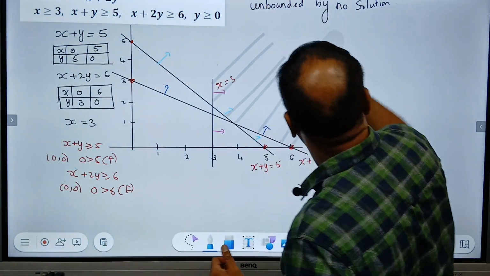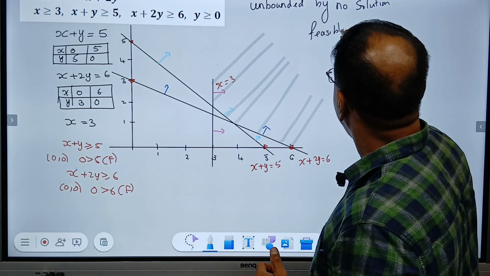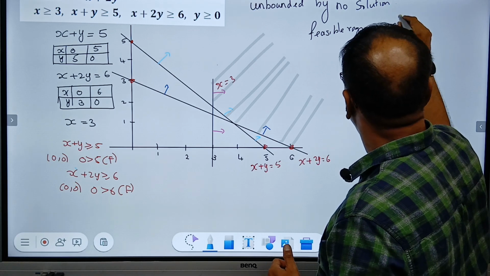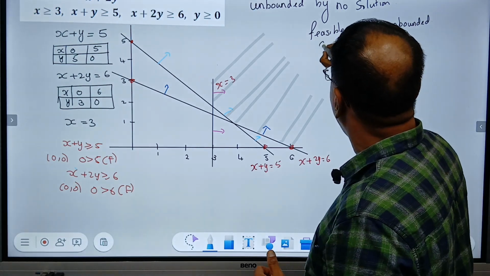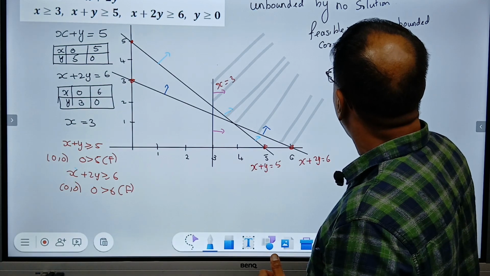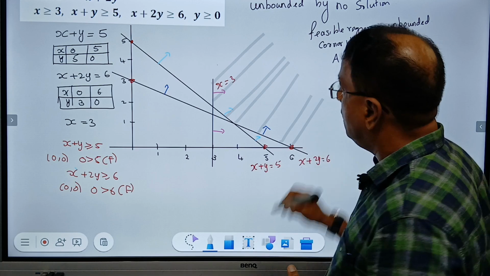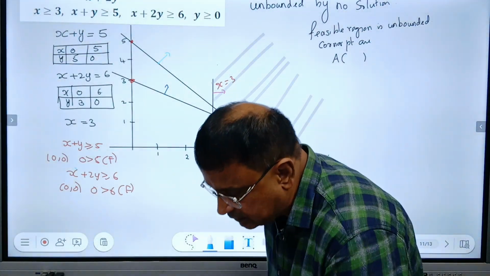I just remove this. Okay. The feasible region is unbounded. So what are the corner points? I think I am getting 3 comma 2.